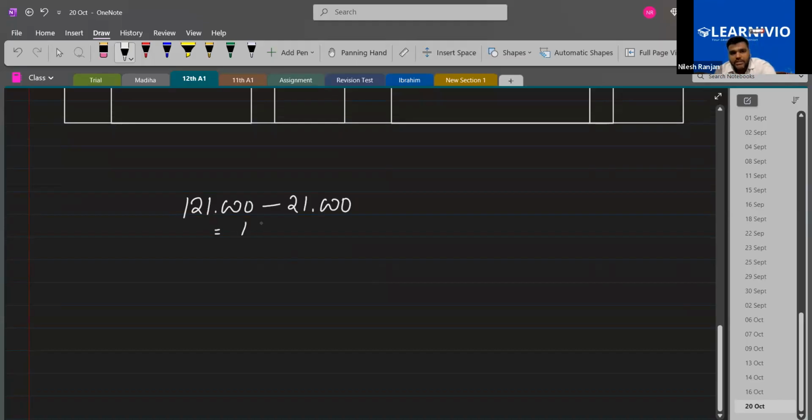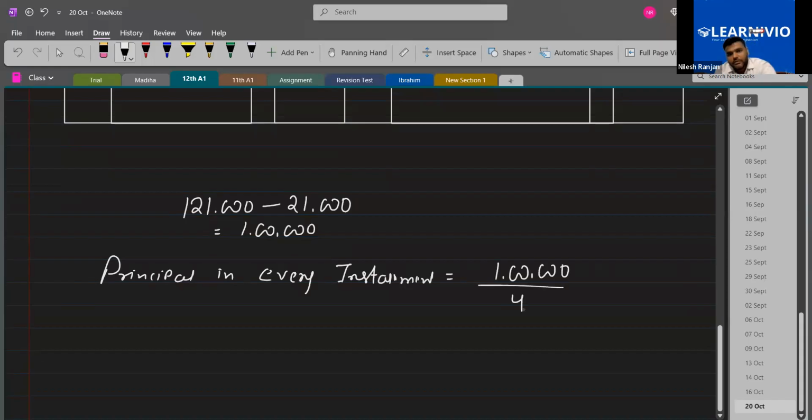So the balance payable is 1 lakh. Now 1 lakh is the principal amount payable. Total 4 installments are there. So principal in every installment will be 1 lakh divided by 4. It means 25,000 in each installment plus interest.